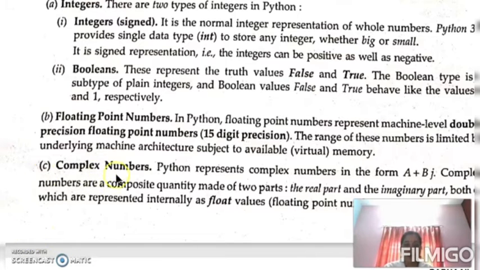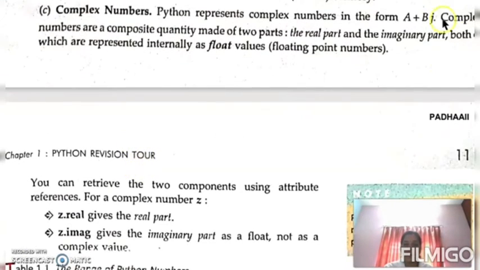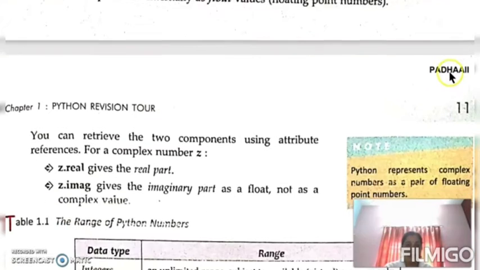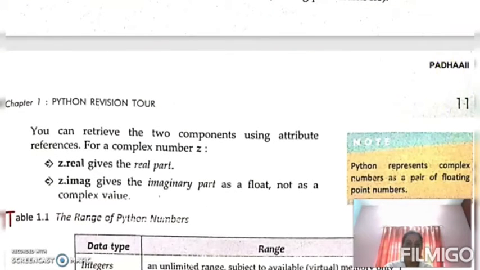And third one is complex numbers. Complex numbers look like a plus bj. Here a is the real part. bj is the complex part or imaginary part. In this also, values will be stored as floating values. Complex numbers are also stored as floating values.